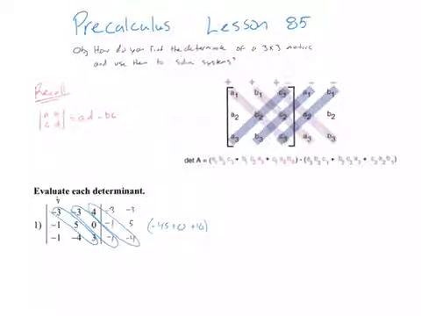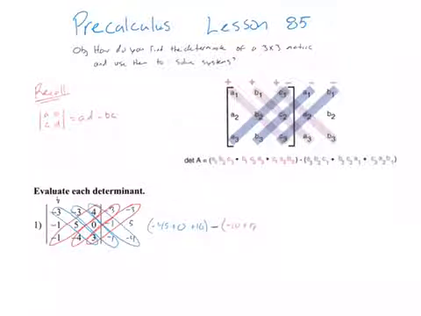Then I'm going to do this product, and this product. I'm going to say minus 5 times 1 times 4, so it's going to be -20.